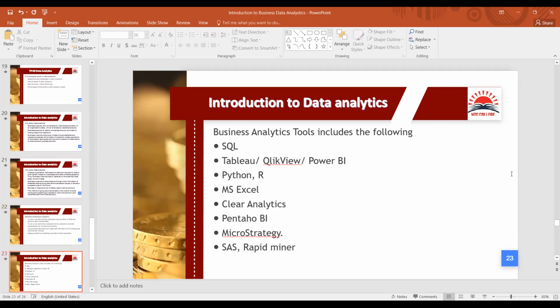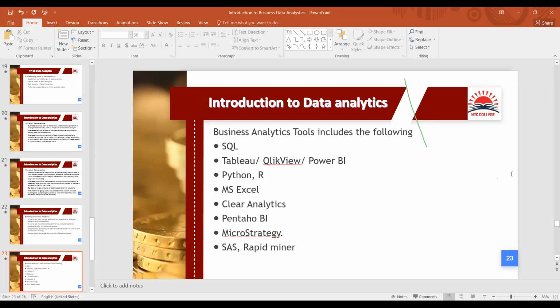Then finally, when we talk of data analysis and data analytics, we have looked at the tools, and these are just some of the tools that we can use to analyze our data.